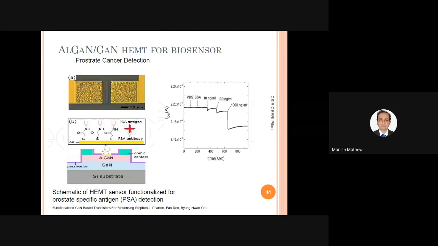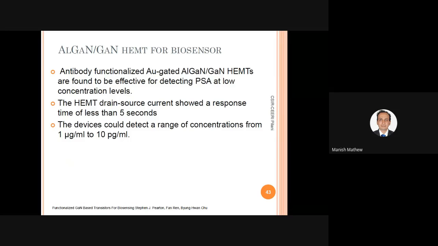This is outside. The normal procedure for prostate cancer is taking a biopsy. Here we don't do the biopsy. We take the blood sample and then we do that. A biopsy is a time-consuming process because you cut a piece and then do all that. It takes a long time. Here you just take the blood and then you can detect.